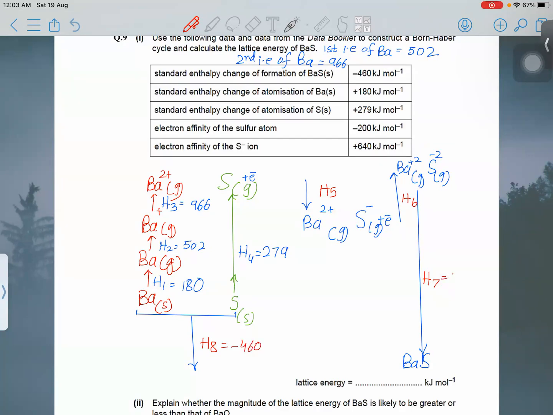And what about H4, H5 and H6? So H5 is minus 200. And then H6 is 640.